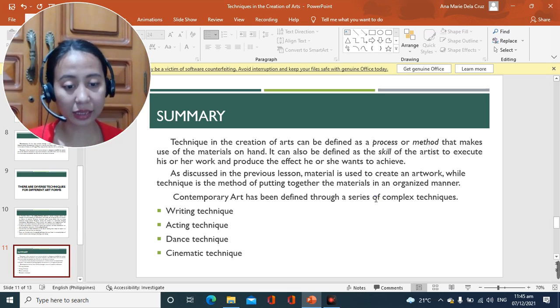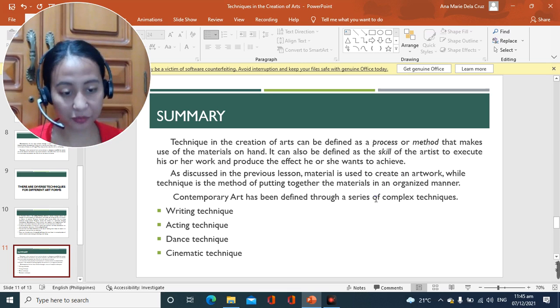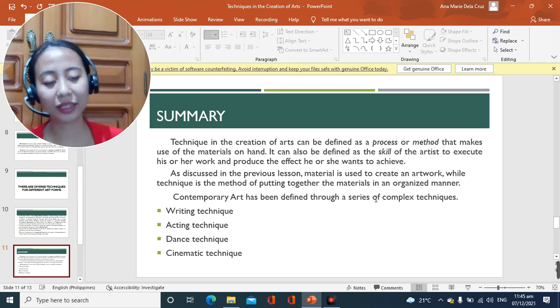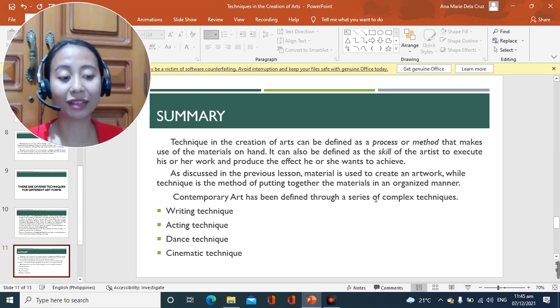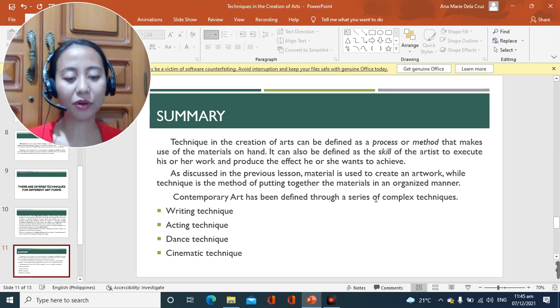As discussed in the previous slide, material is used to create an artwork, right? While technique is the method of putting together, combining the materials in an organized manner. And in contemporary art, it has been defined through a series of complex techniques.